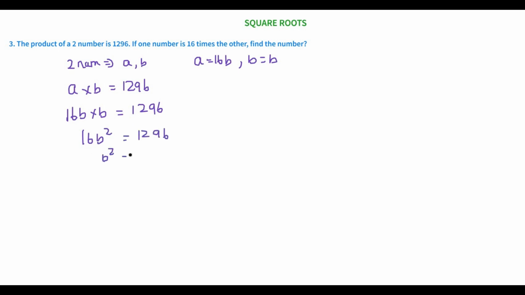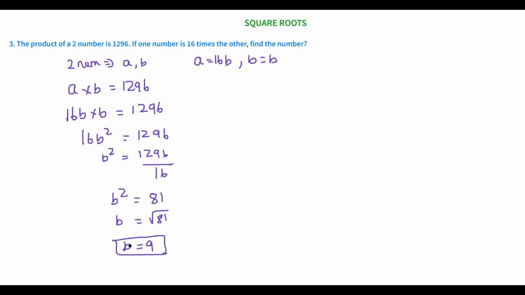B square equals 1296 divided by 16. So B square will be equal to 81. Since B square is equal to 81, B equals square root of 81. And 81 is a square number, so we can directly write the value of B is 9.